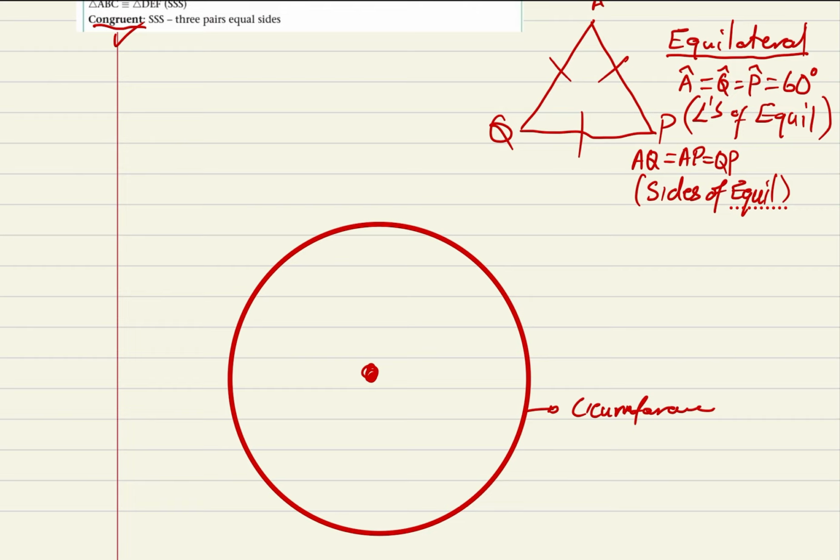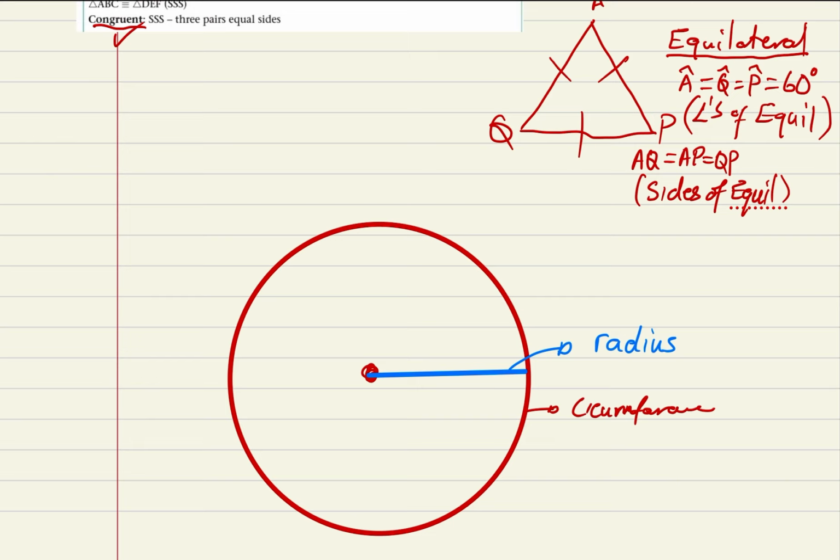Then number two, we have lines that are being drawn. Whenever we have a line from the center going to the circumference, it has a name, and its name is called a radius. Then number two, we have another line.